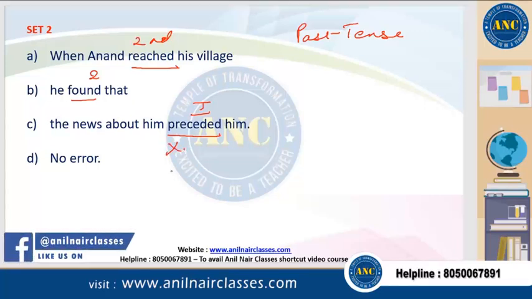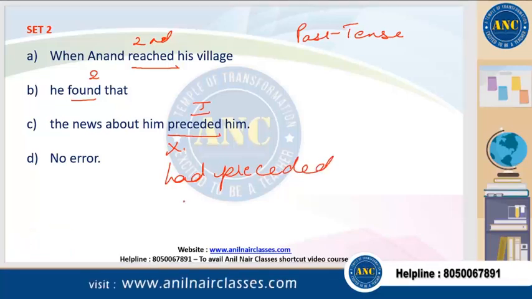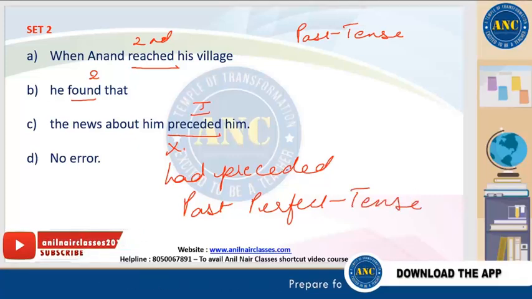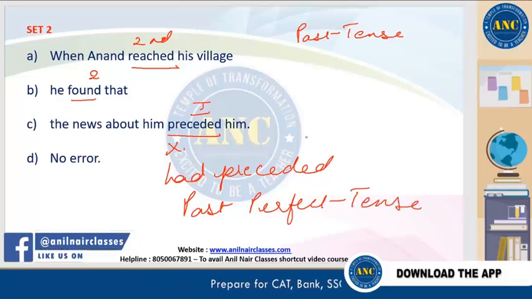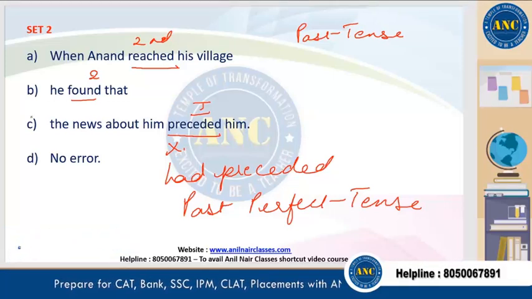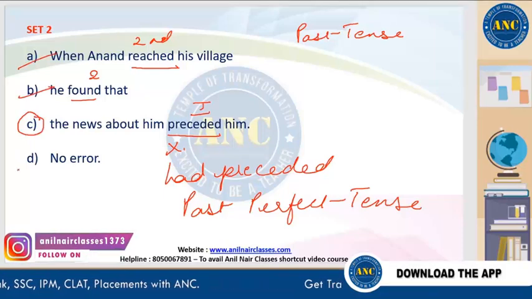So "preceded" is wrong. It should be "had preceded". We need a past perfect tense over here, because when 2 actions are mentioned in the past in different timelines, the action which happened first will be in the past perfect, the second action will be in the simple past. So C is the right answer. Get rid of A, B and D.